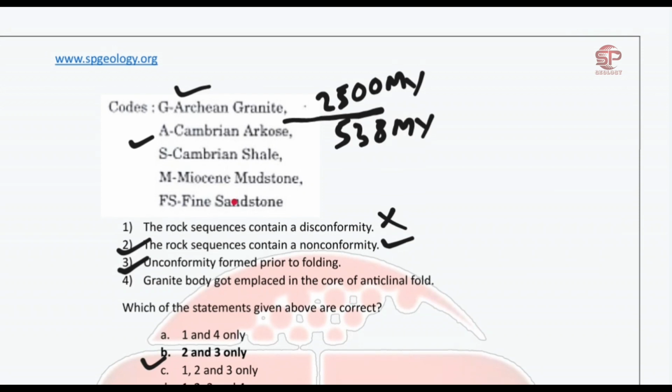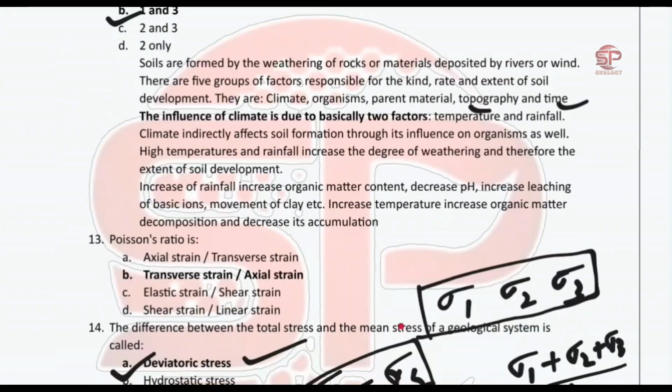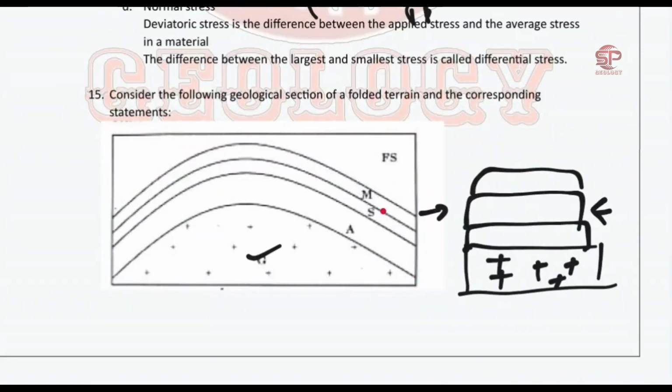So in this question, there is also an unconformity you will find between shale and arkose, because this arkose is Cambrian, and shale is Miocene. So there is also an age gap here.